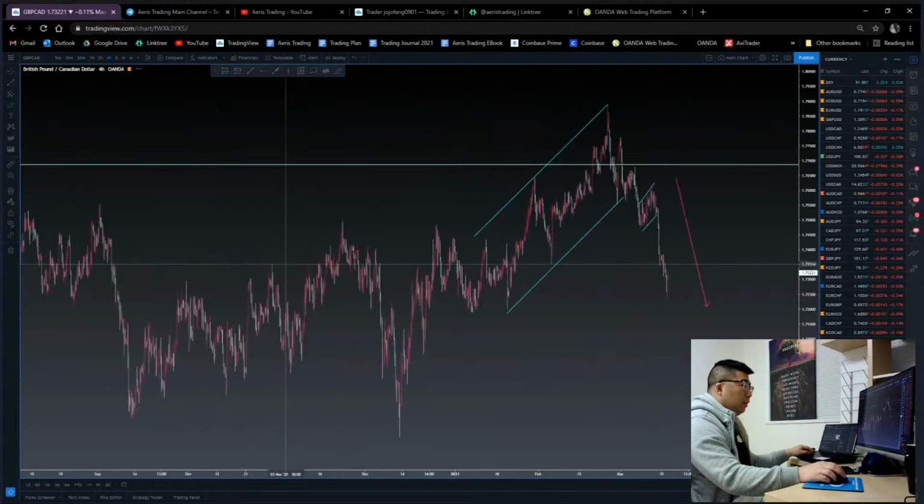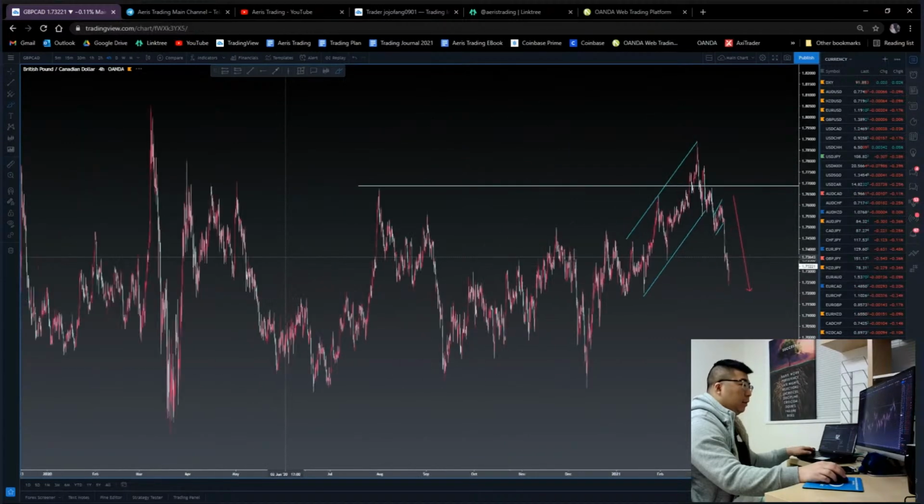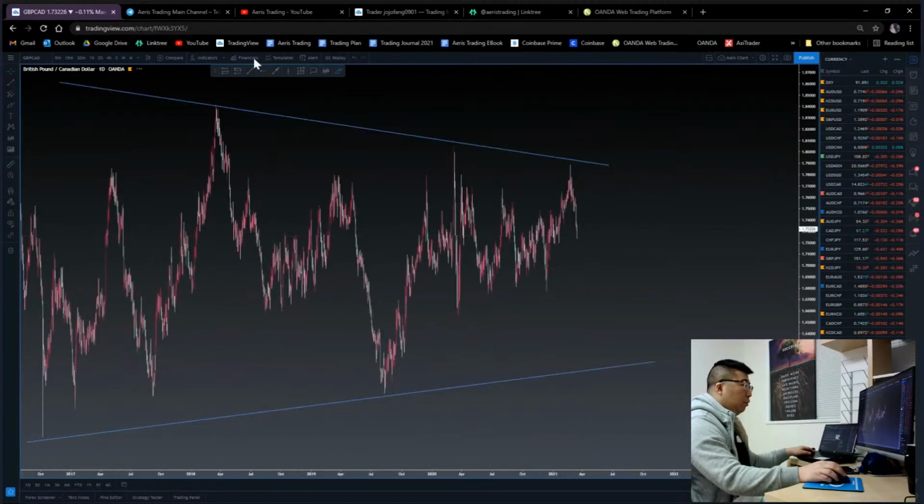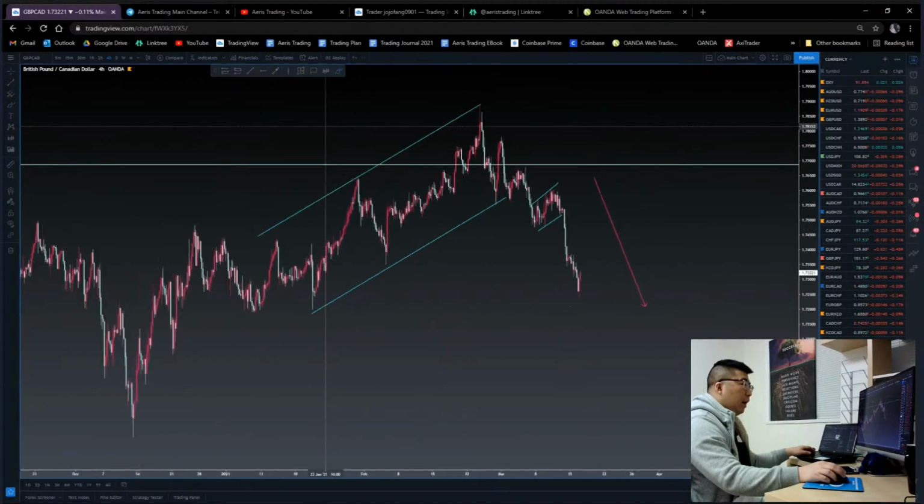Pound Cat. Yeah, let's look at Pound Cat here. I see some of you guys are into Pound Cat or Pound Kiwi. I'll go over those. I think any cat pairs are looking pretty good. Disregarding which cat pair you're looking at, I think cat is getting pretty strong. So looking at Pound Cat here, ascending channel pushing the price up. We had that first breakdown. This is a first continuation correction.